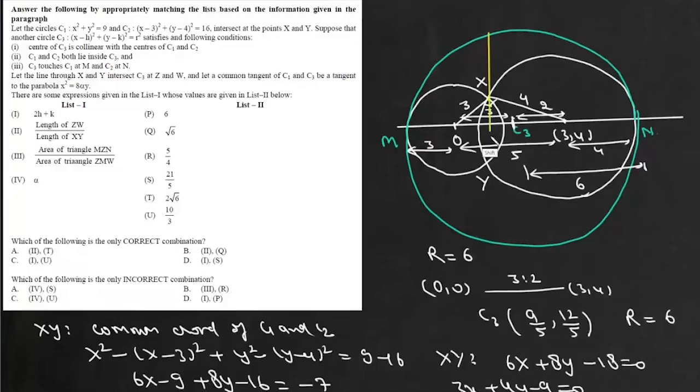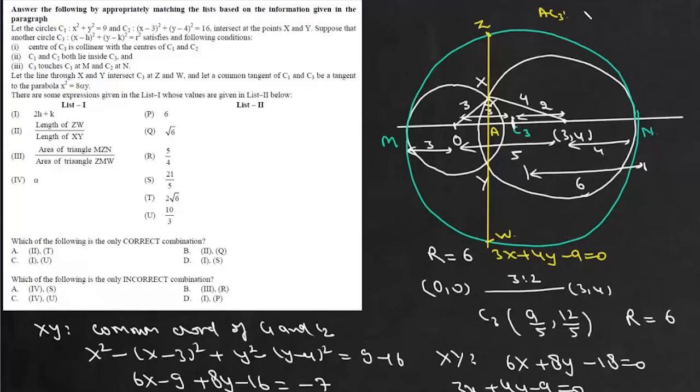So this line XY, its equation is 3x plus 4y minus 9 equals 0, and it's going to intersect this third circle at Z and W. Now for this circle C3, we can find this AC3, which is the perpendicular distance of this line from center of the circle.